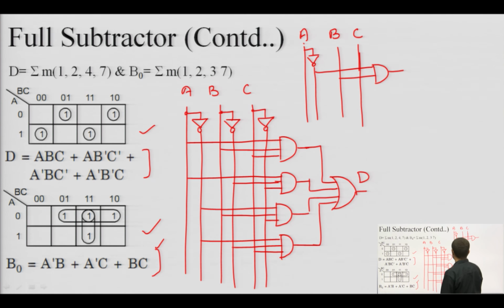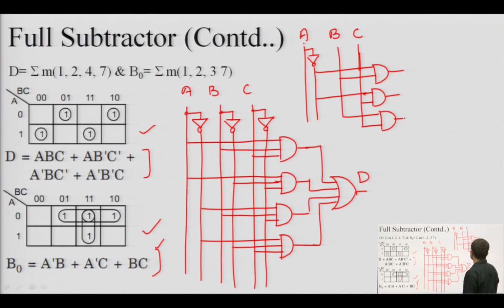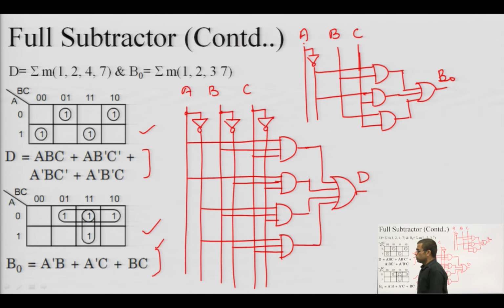Then second product is A bar C. So, this is A bar and this is C, second product, and third one is B C. So, this is B and this is C. So, these are the 3 independent products which are added together using a 3 input OR gate to generate the B naught. So, in this way we have translated these expressions of difference and borrow into circuits. So, this prepares the circuit for the full subtractor.